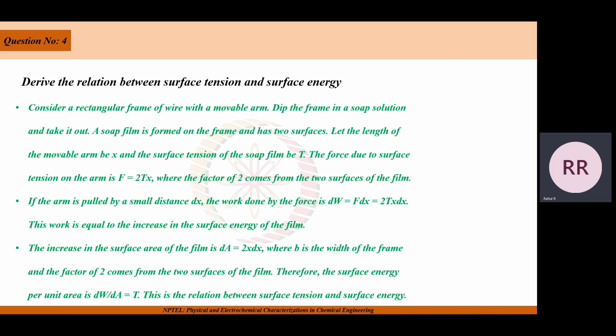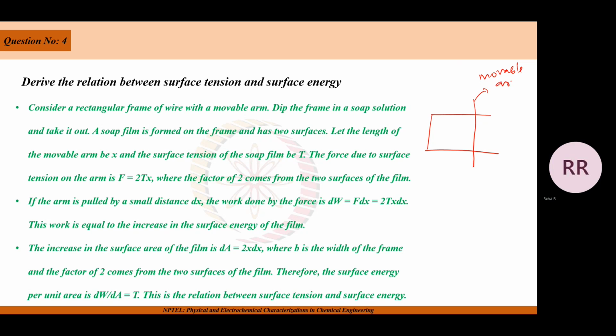For deriving this, first we need to consider a rectangular frame with a movable arm. This is a rectangular frame, and this is the movable arm, which can be moved to this side or that side.